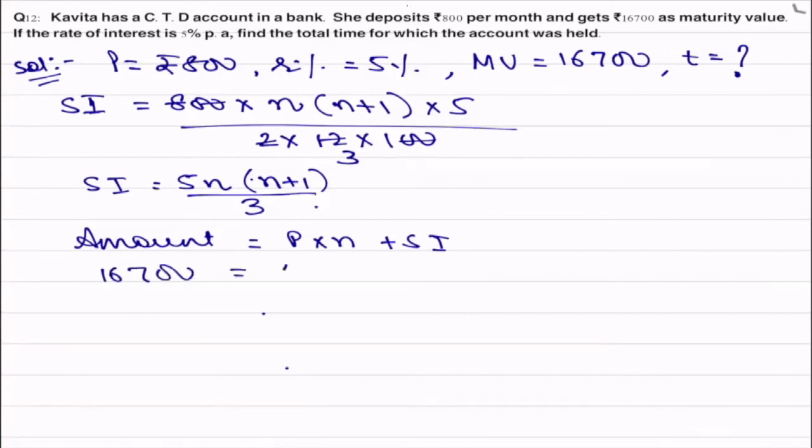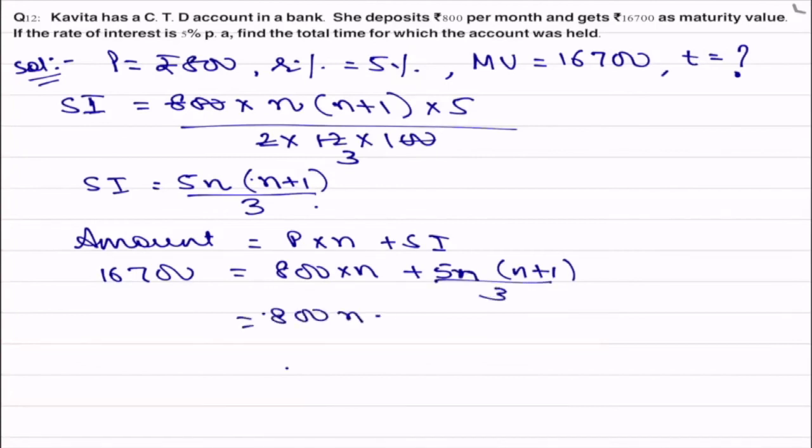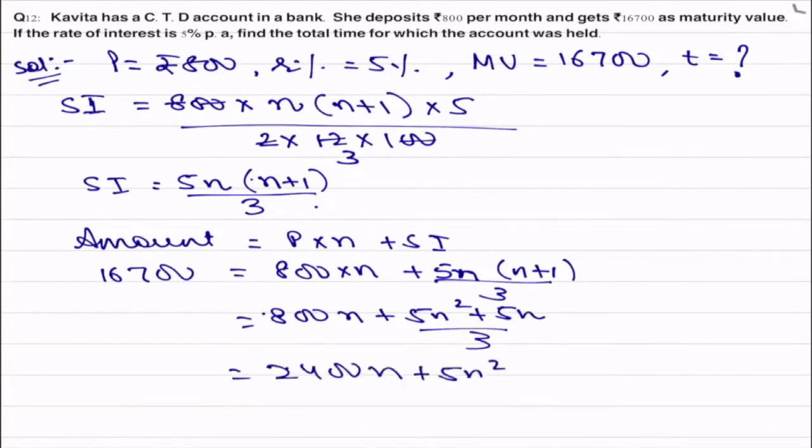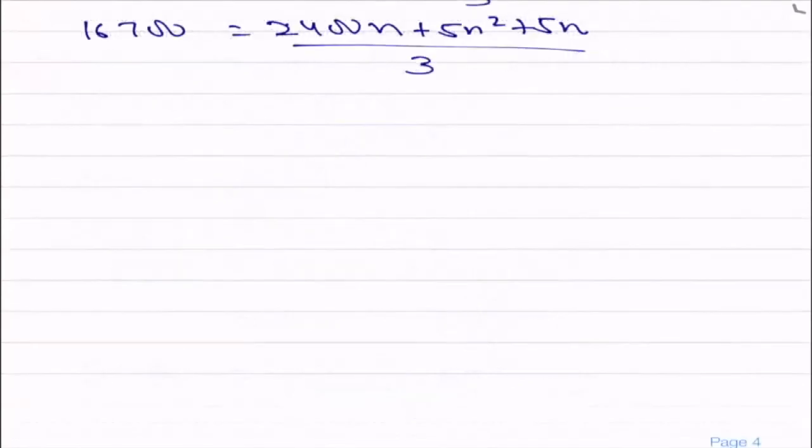We substitute the amount value, principal, n is missing, and simple interest. When we solve, after opening the bracket and taking out the LCM, we are left with an equation. After cross multiplication, we are left with this equation.